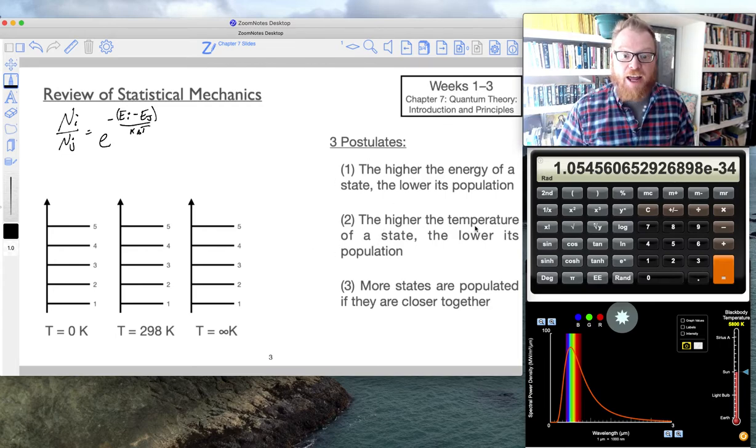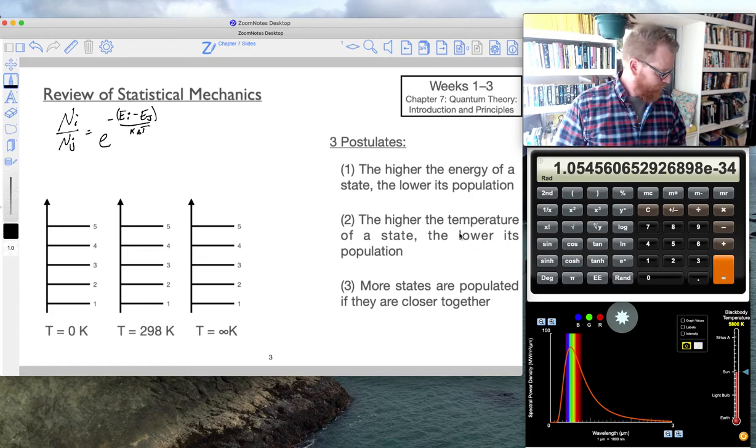The higher the temperature of a state, the lower its population. Or really I should say, the higher the temperature of the state, the more likely a higher energy state is populated. Some reason I copied that incorrectly.